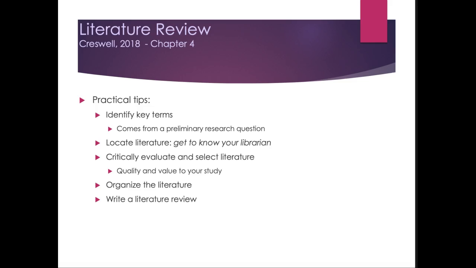And it helps you answer the question, is this article or is this book from a legitimate peer-reviewed journal? Is this of value to my study? You will need to evaluate whether this article, which may be very worthy and actually very interesting, actually enhances your understanding of your research problem or question.